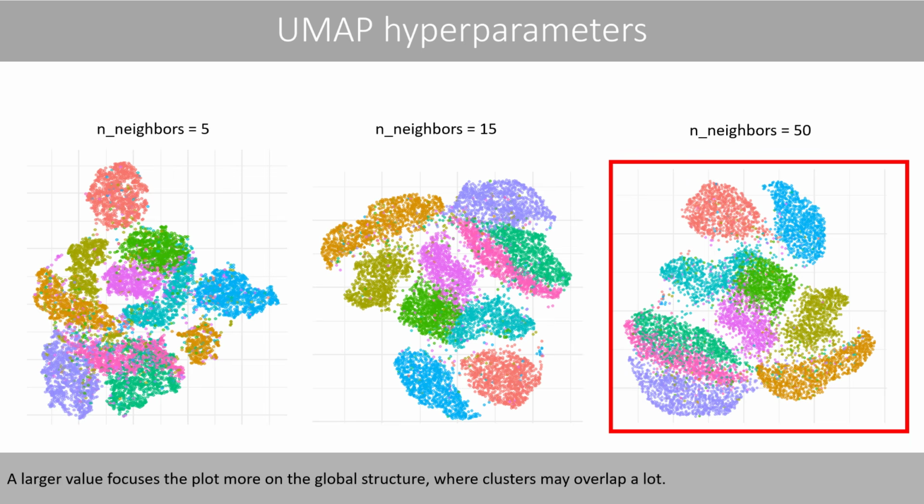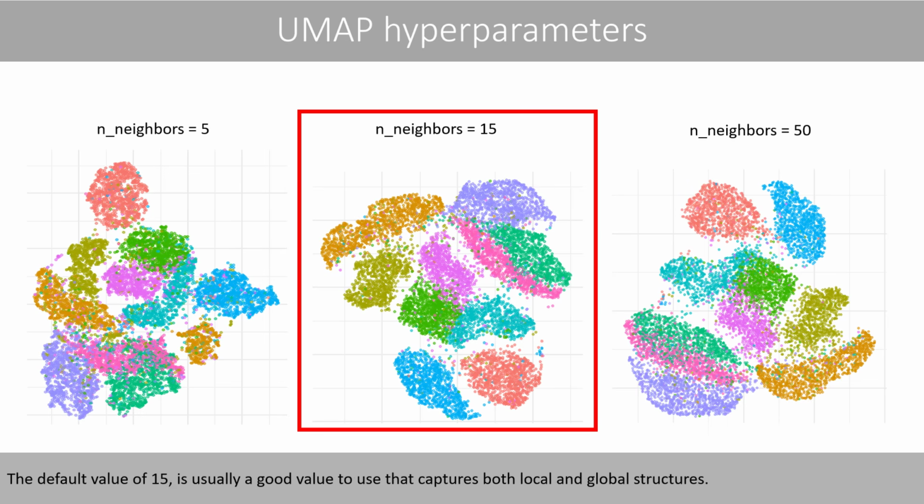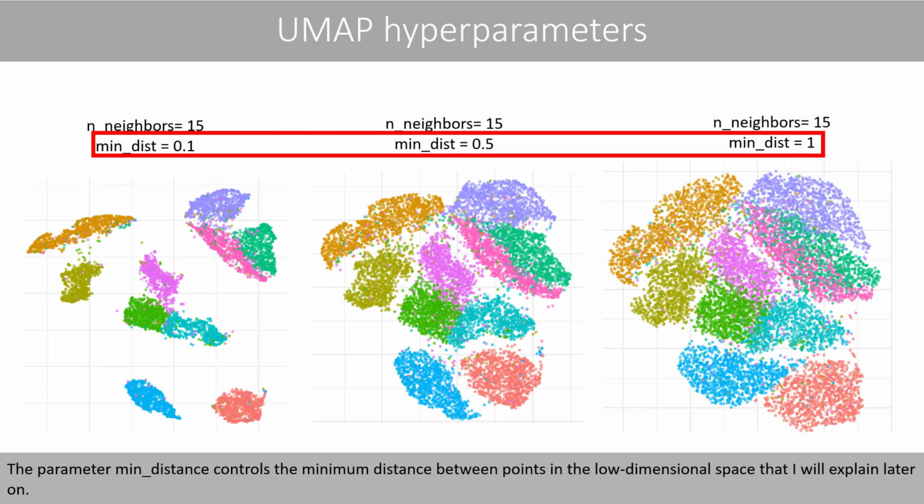A larger value focuses the plot more on the global structure, where clusters may overlap a lot. The default value of 15 is usually a good value to use that captures both local and global structures. The parameter min distance controls the minimum distance between points in the low-dimensional space that I will explain later on.